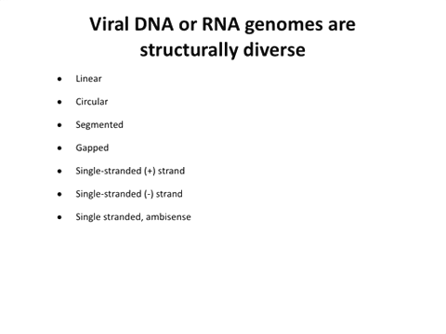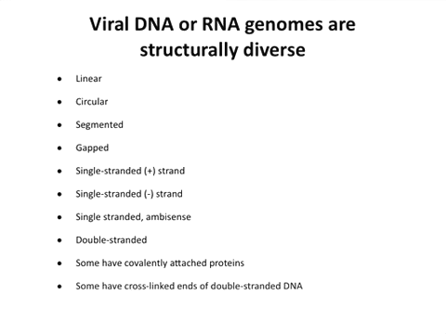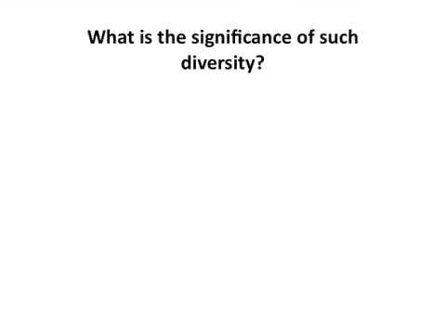And they can be ambisense, which means they have a little bit of plus and a little bit of minus, as you'll see a bit later. They can also be double-stranded. Some of the genomes have proteins attached to them, as if all these configurations weren't enough. And some have cross-linked ends of double-stranded DNA. So an amazing variety which we don't see in any other kind of animal, plant, or bacteria. There's even some DNAs with covalently attached RNA.